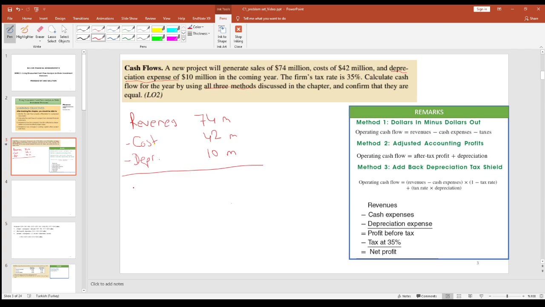The result of this is EBIT, earnings before interest and tax, or profit before tax, which will be 22 million dollars. Less taxes: the tax rate is 35%, so you need to calculate 35% of 22 million, which is equal to 7.7 million.